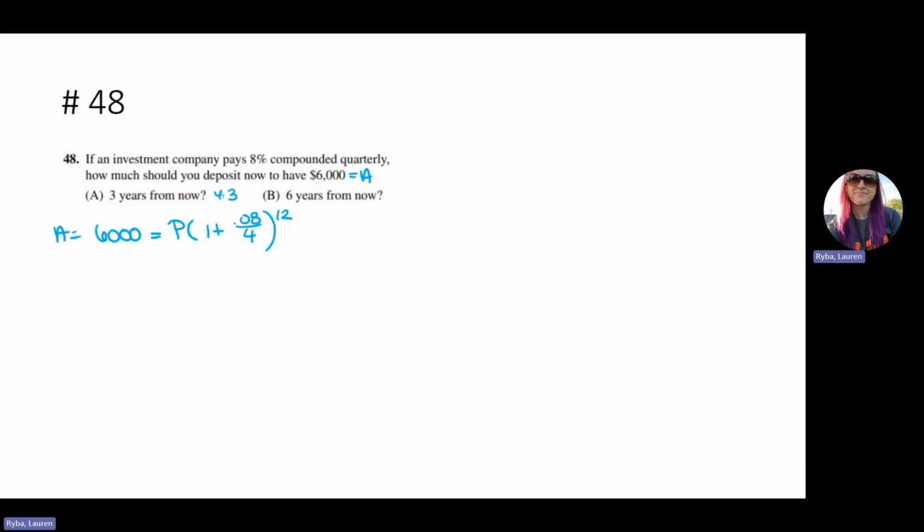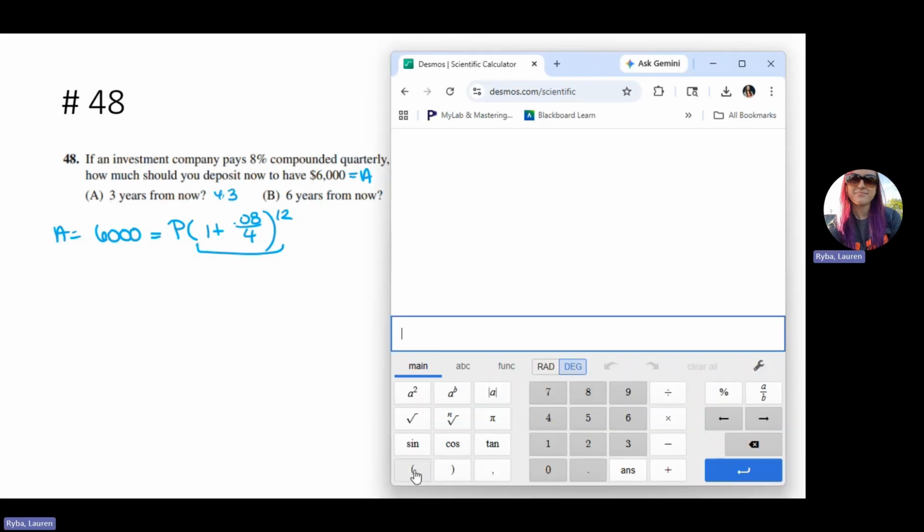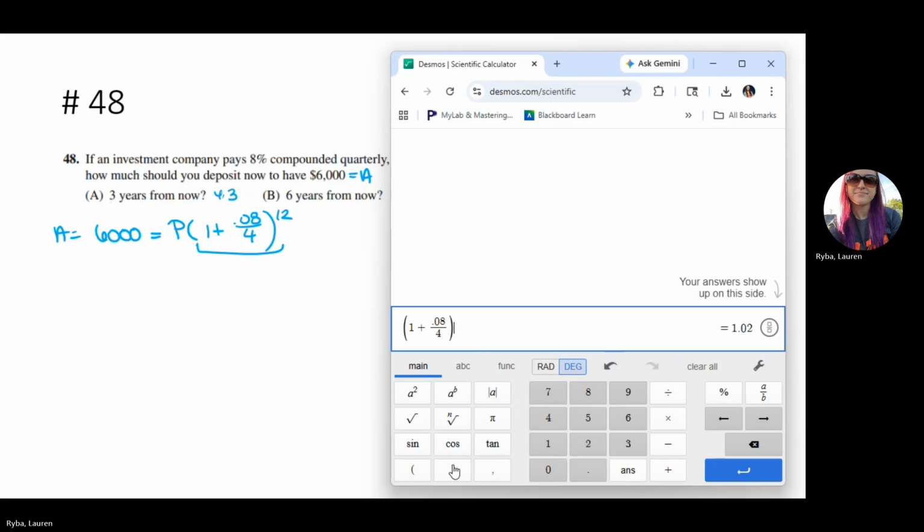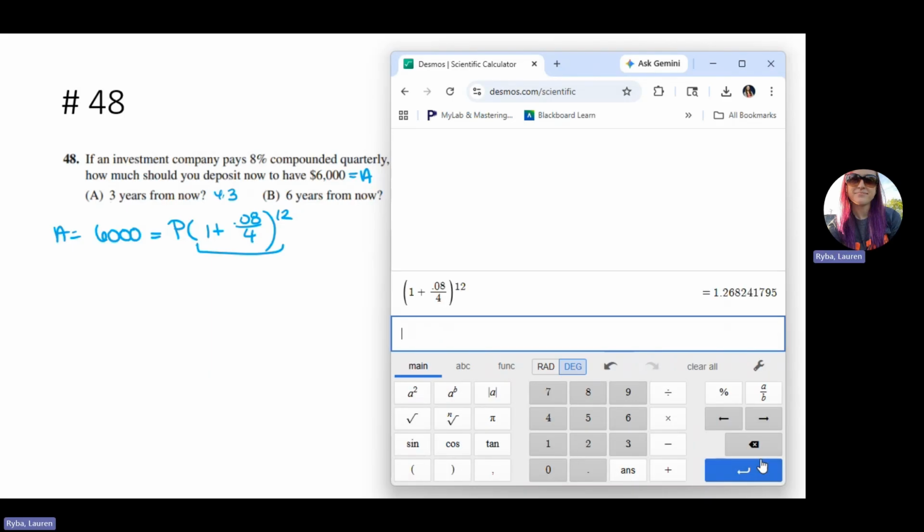Now, you can do this in 2 steps if you want. You could calculate this part out here, but you're going to round it, and then you can divide. Or you can just use your scientific calculator here. So option 1, like I said, is you could do this part here, 1 plus 0.08 over 4, close parentheses, raise it to the 12th power.